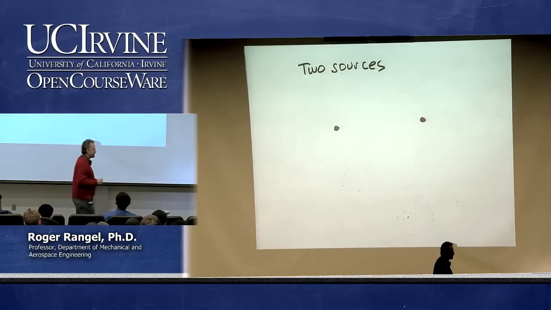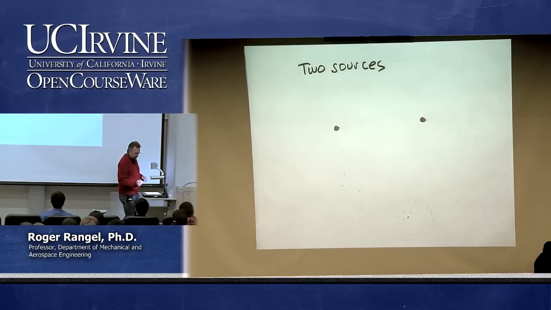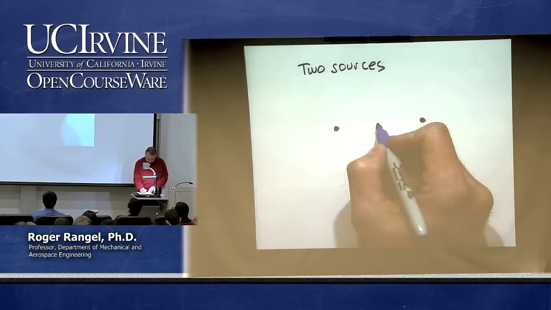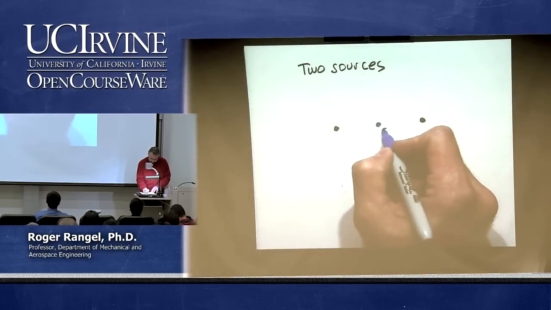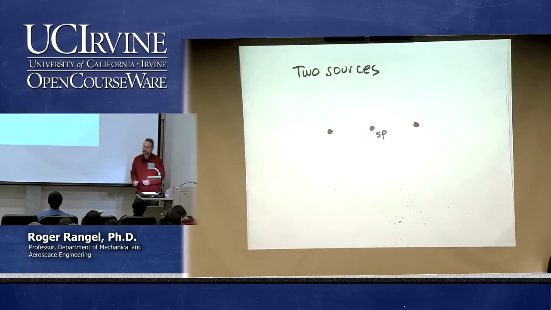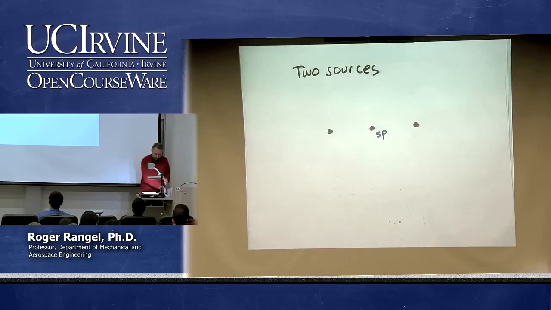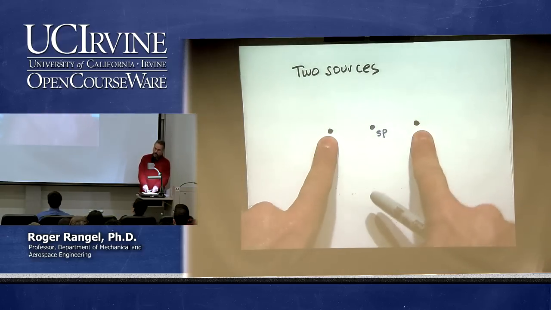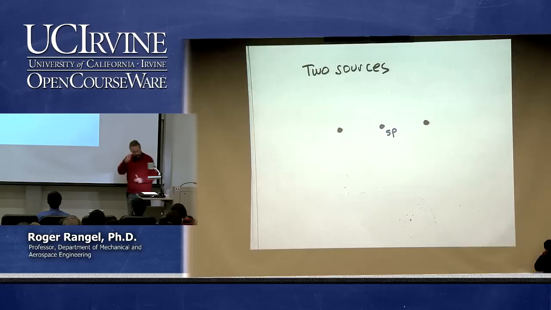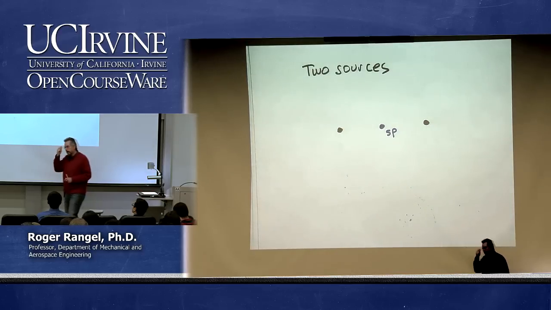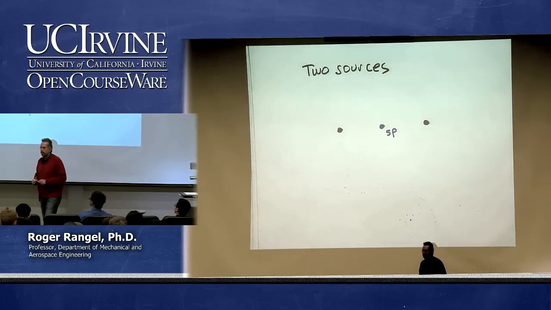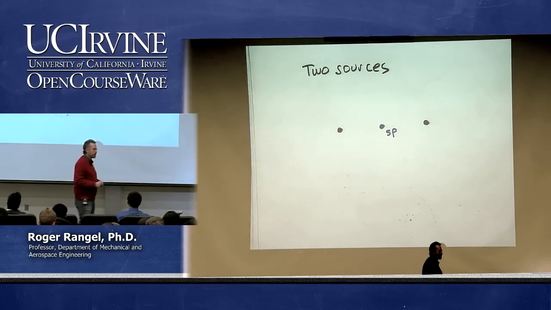Right in the middle, by symmetry. So I immediately know that there is a stagnation point here. Right? These are, remember, don't forget, these are both sources. All right? Okay, any possible stagnation points elsewhere that you can think of?